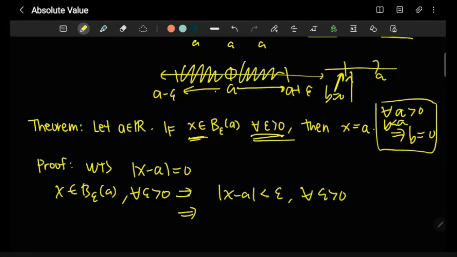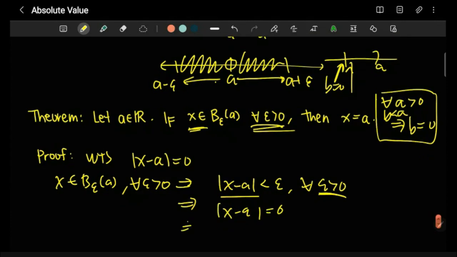O di ibig sabihin nun, this is precisely this one. For any number, absolute value of something, it's always less than epsilon for any epsilon. So therefore, yung x minus A is 0. Which means x is A. Ganyan lang. Again, ang sinasabi lang nun, pag paliit ng paliit, yung neighborhood mo, nababawasan yung laman.